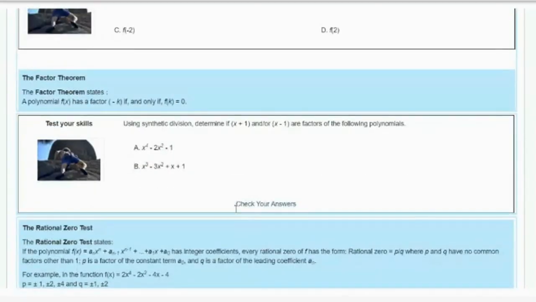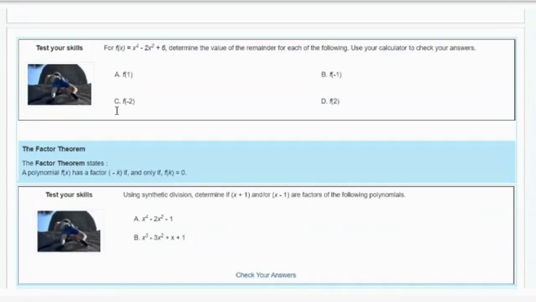All right. So the factor theorem. Now we talked about the remainder theorem. Now the factor theorem. It says f of x has a factor of x minus k if and only if, that's a math term, if and only if f of k equals 0.